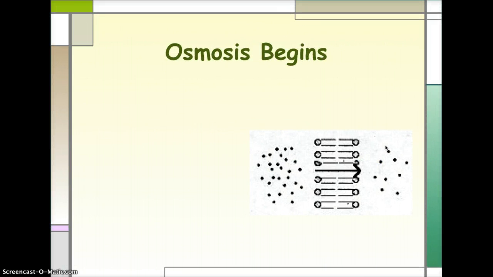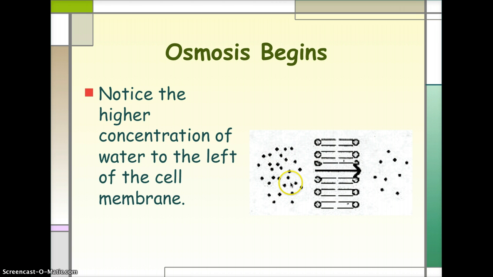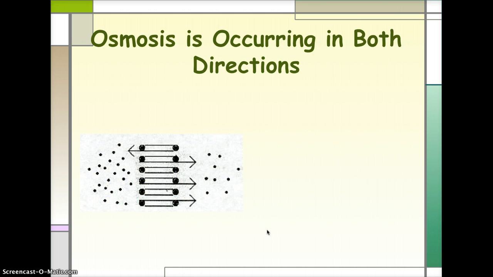So osmosis begins, and if you look here at your cell, this is the cell membrane with the phospholipid molecules, and we've looked at all of that. You'll notice that there are molecules on either side. The overall tendency of the molecules is to move to the area where there are fewer molecules. Osmosis is always occurring in both directions.